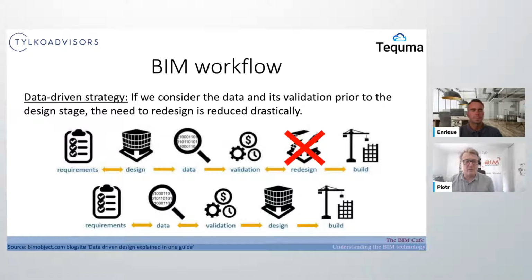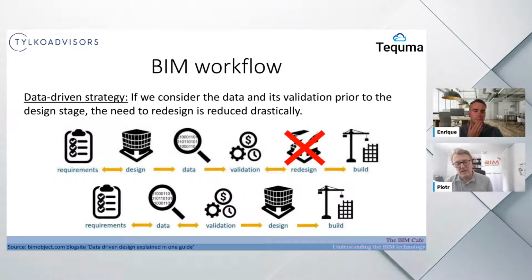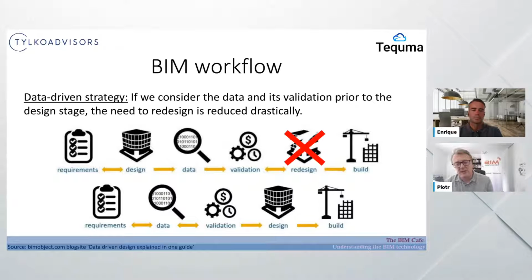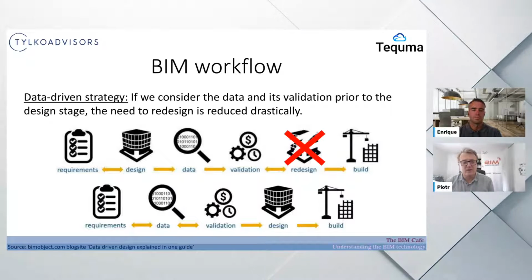The really crucial part is the chart with the traditional workflow. Between the validation and redesign, the arrow has two directions. This is the validation-redesign loop, repeating until you manage to finish.